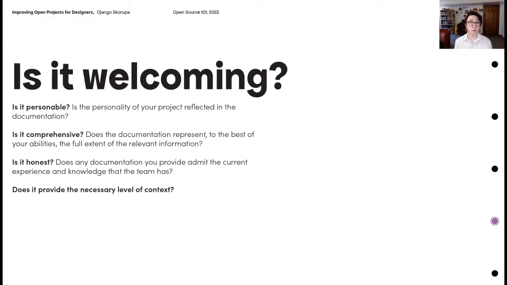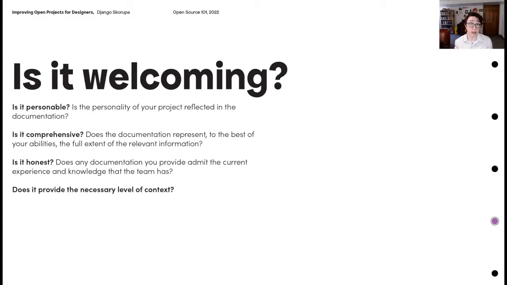But if the personality of your project is rigorous, technical, not easygoing, but rather comprehensive and context-oriented, and you make your documentation personable and pithy and quippy and all of these other positive adjectives, it might not match the mood or the perceived energy of the people who need that information.